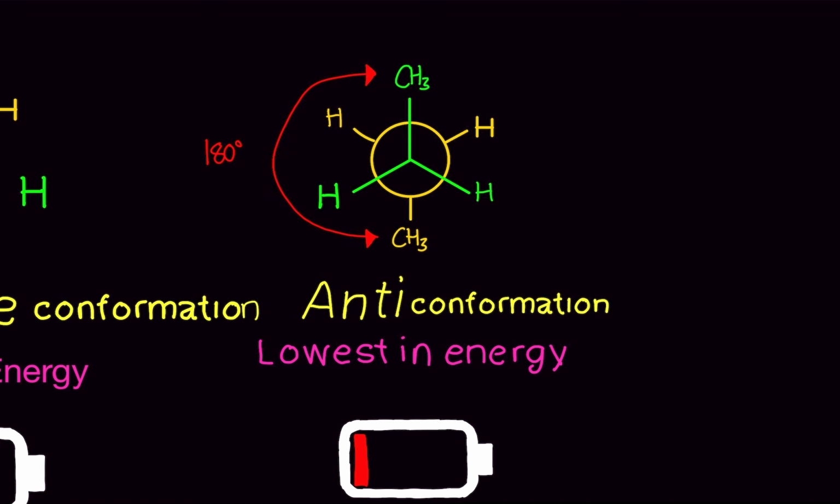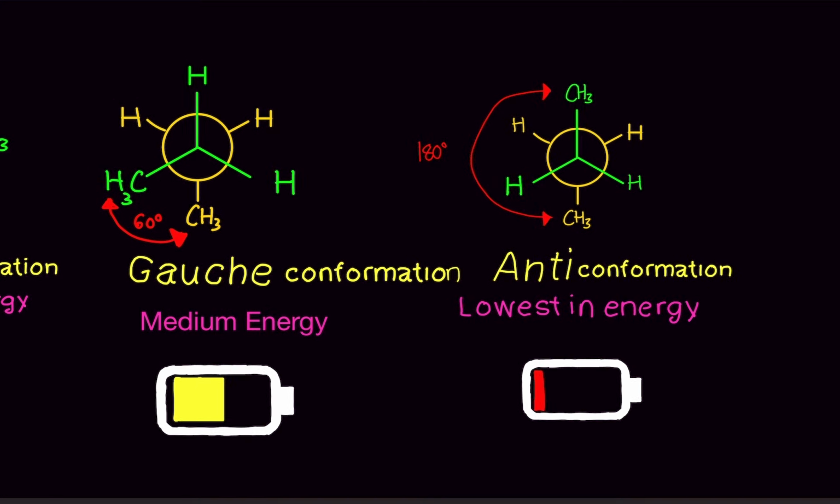This is the anti-conformation, or the lowest energy state. This is because the bulky groups are not in each other's way, if that makes sense. They're as far away from each other as possible, so there's no interaction going on. That's why, because when there's interaction happening, then there's energy involved.